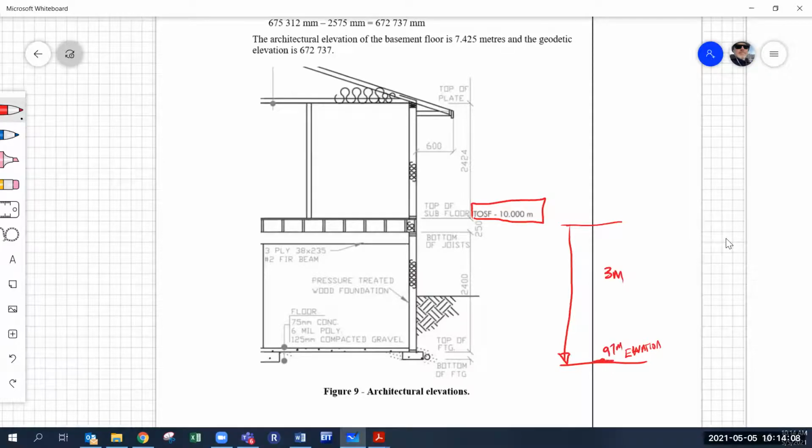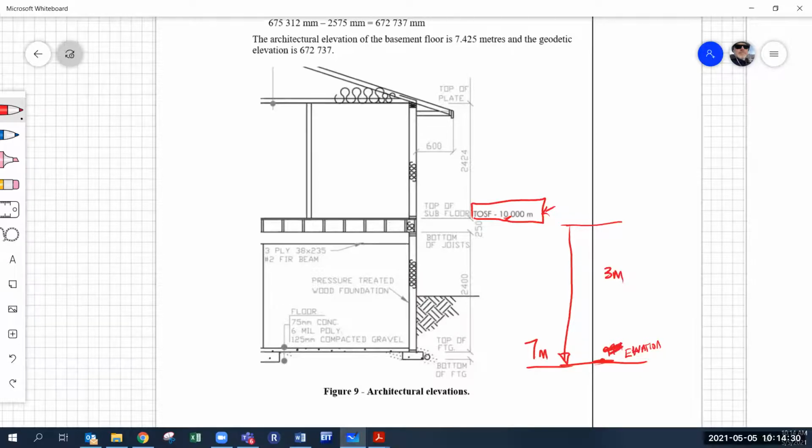You see how that works? Yeah, makes sense. So in this case, if it's 3 meters less and this is 10 meters, then this is going to be 7 meters as an elevation down here.